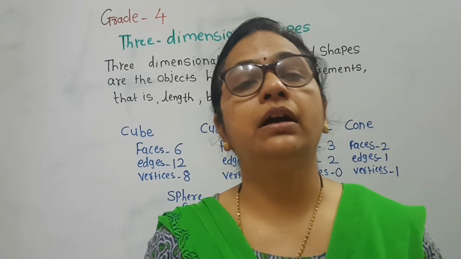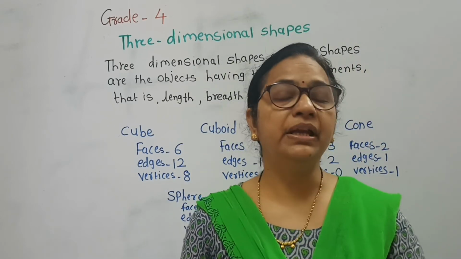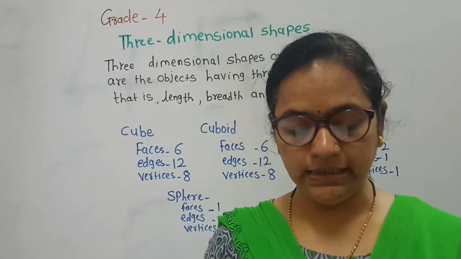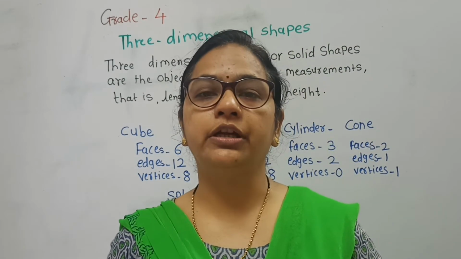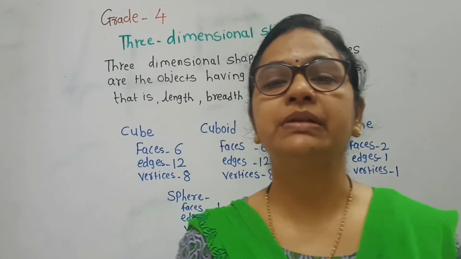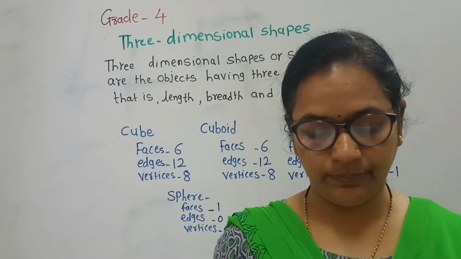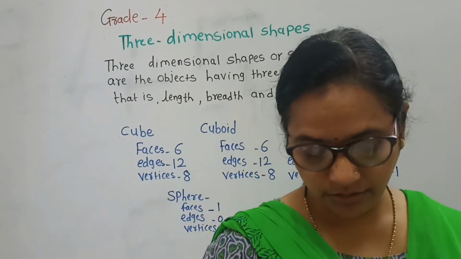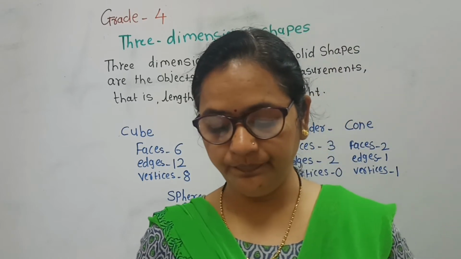Okay, children. Now here you have to complete exercise 7.4. First question is, write the shape of the following object. Yes, geometry box. You know geometry box means cuboid shape. Yes. So you have to write there cuboid. Smiley ball, sphere.